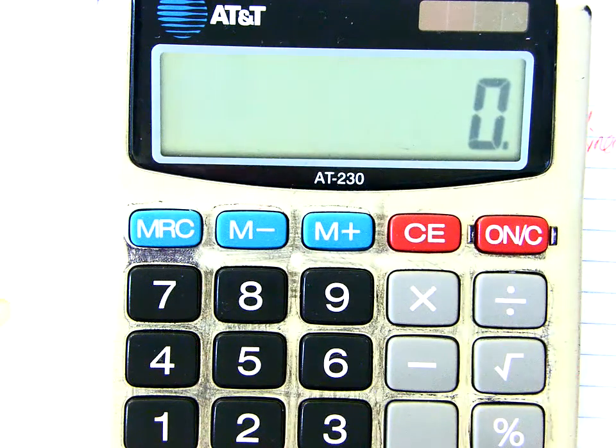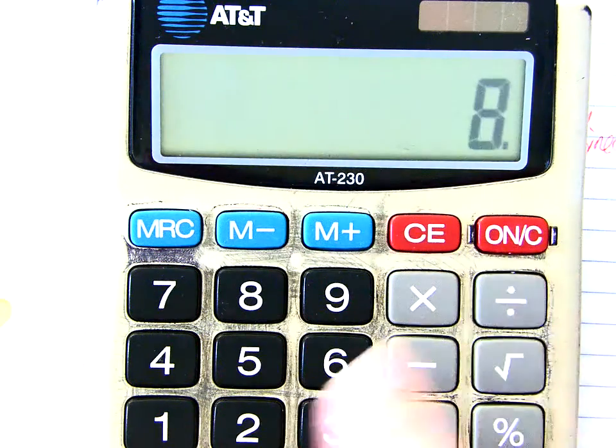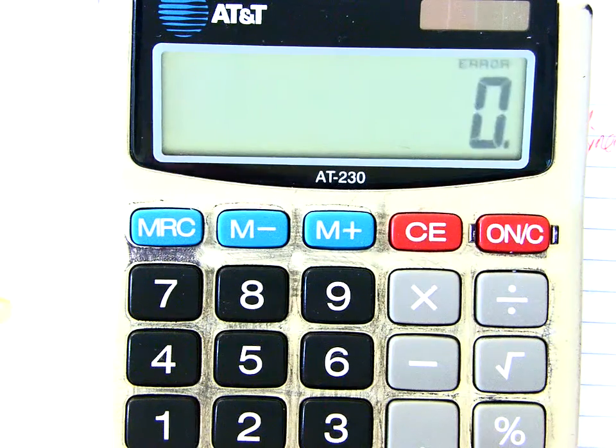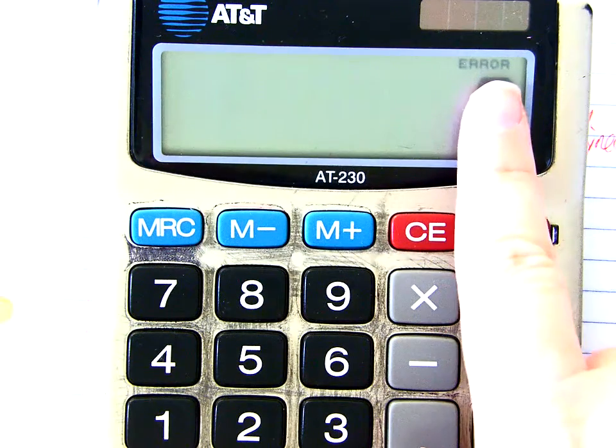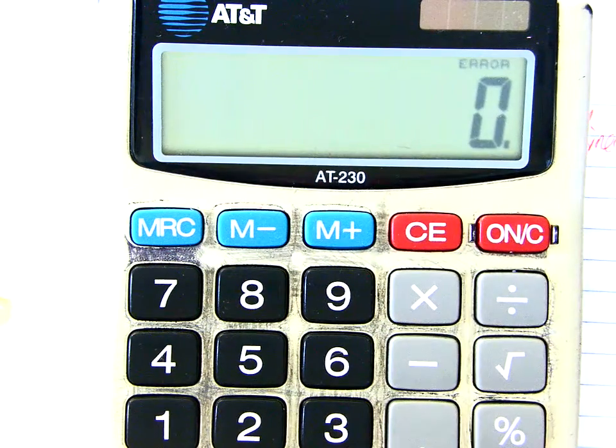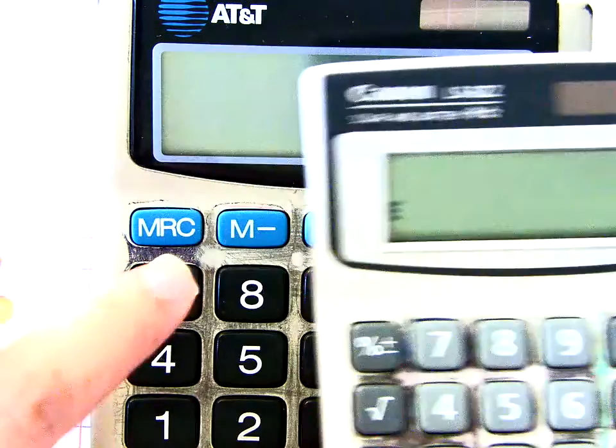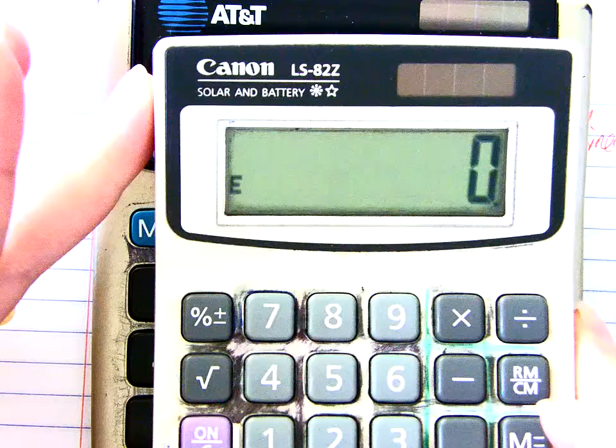So if I try and do the same thing, so 8 divided by 0 equals, this one actually comes up with the word error. If I try on one of my graphing calculators, it goes to a whole new screen and it says syntax error or something like that. So every calculator will have some sort of indication to you that you can't do this, but sometimes like a little E like this over on the side, you might not notice.